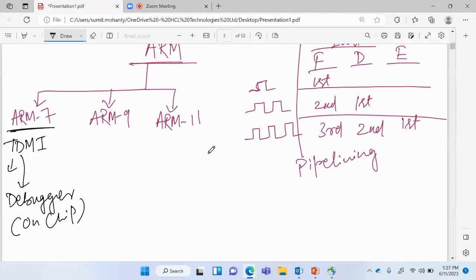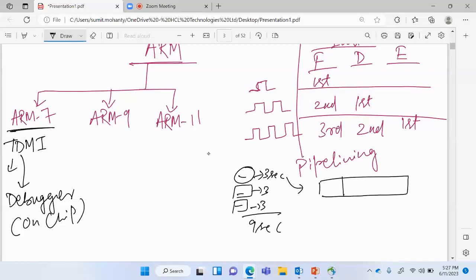Like what happens is, one instruction, if I execute, let us say I have a total of 3 instructions. Okay, so if one instruction I'm executing, let us say it is taking 3 seconds. So in total, if I'm executing 3, it is taking 9 seconds. Now what happens if this 3 seconds I am dividing into 1, 1 and 1? So let us say when the first instruction finishes its 3 seconds, by that time the second instruction is already executed.